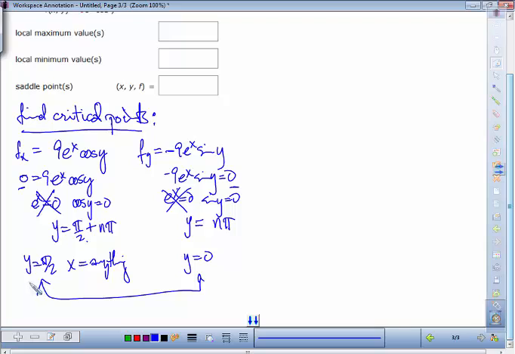And the only way that will happen is if y is equal to pi over 2 and y is equal to 0 at the same time. So I don't think this thing has any critical points.